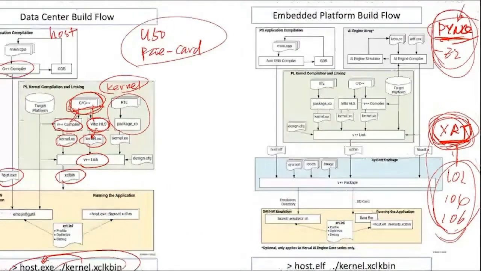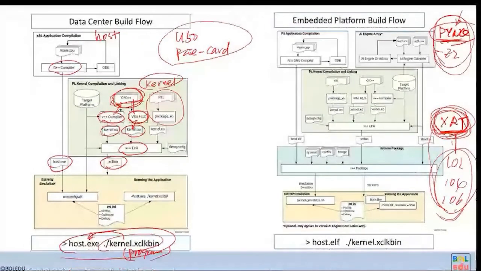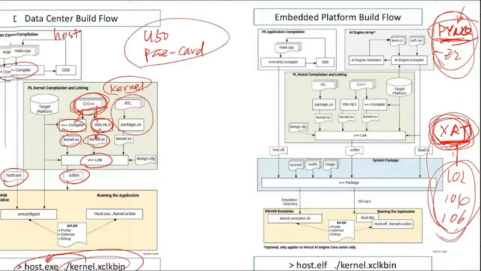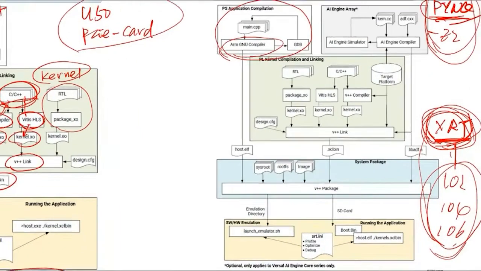Okay, so here the difference between the data center flow and embedded is, first, the host program is running on the SoC part of the FPGA. So it runs on the ARM processor.